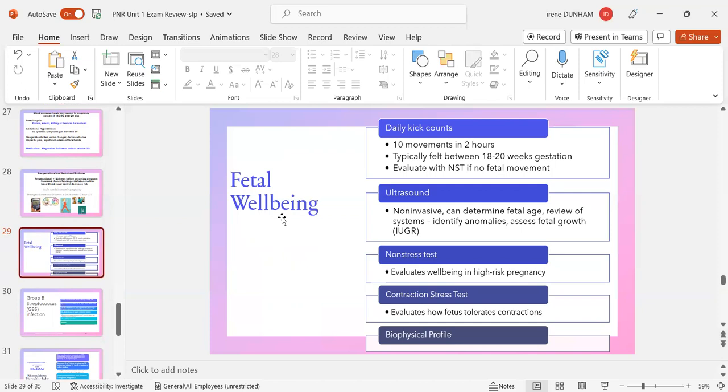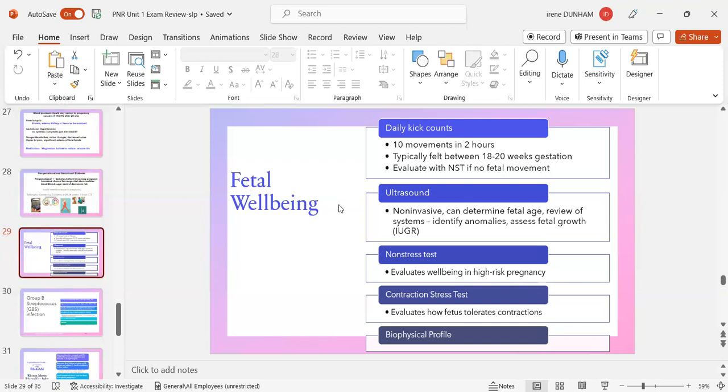So remember that lady on the monitor, right? Well, I had patients walk in the hospital and say, I haven't felt the baby move. I get them right on that monitor very quickly because I want to make sure I hear a heartbeat, and then I want to make sure I do this non-stress test where I evaluate if the baby's okay.